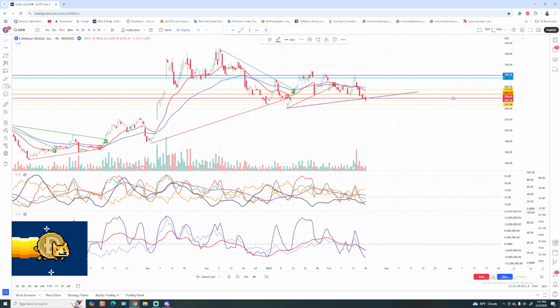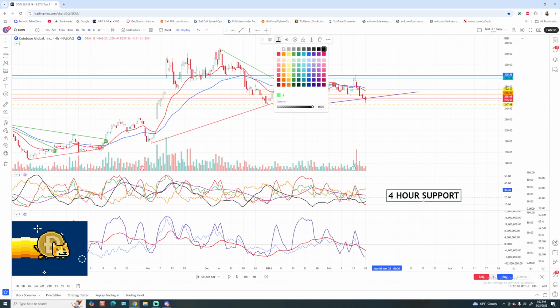So I could add a note like right here. I use this for 4 hour support. And we'll make this yellow.